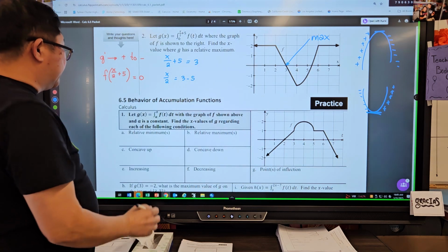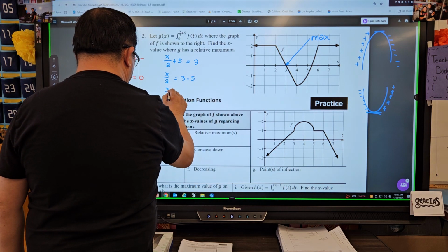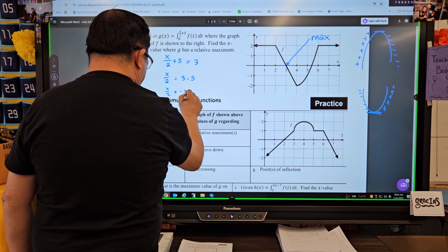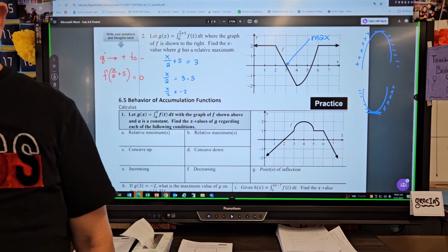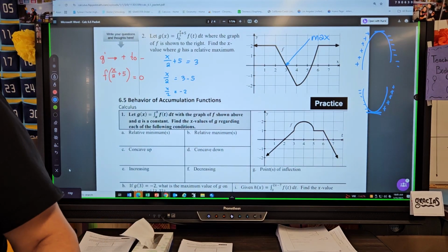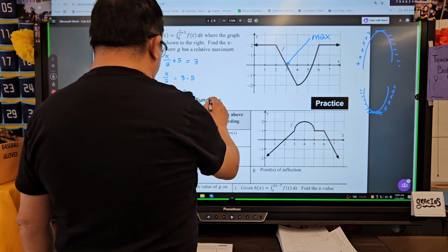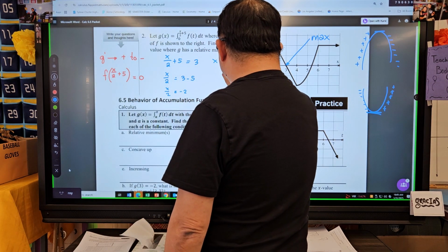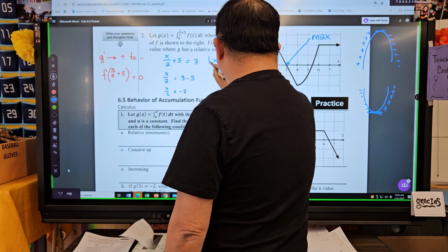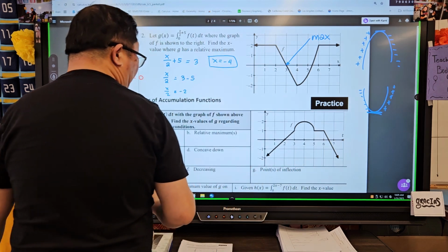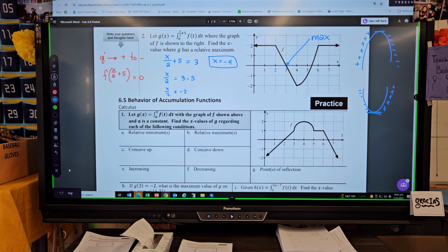So what is 3 minus 5? Negative 2. So it's just negative 4. So what is x now? x is negative 4. That's it. Pretty nice.